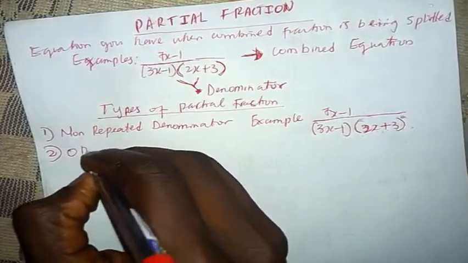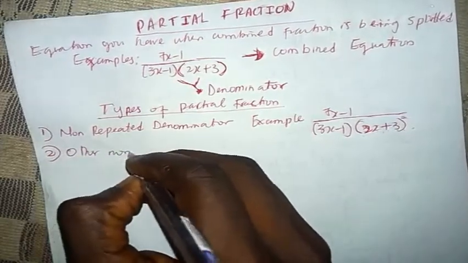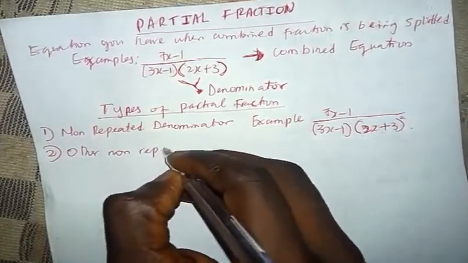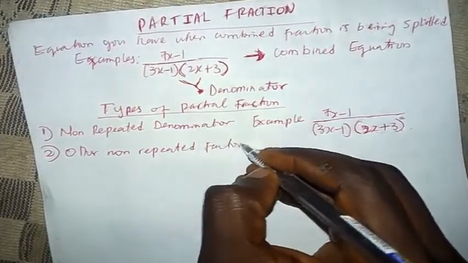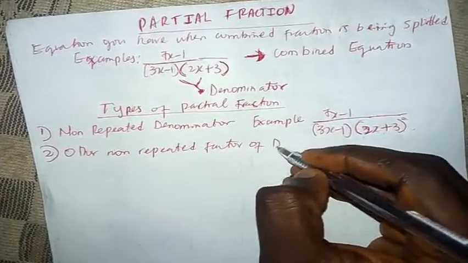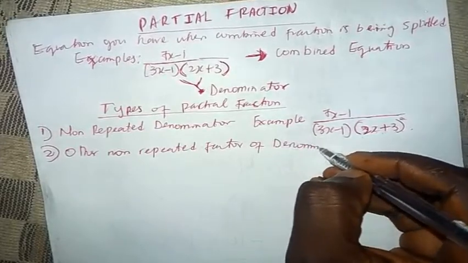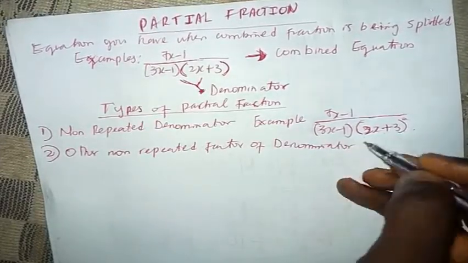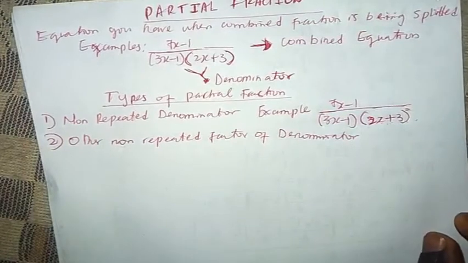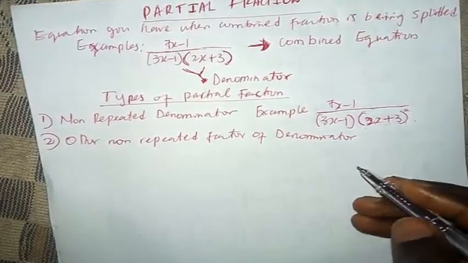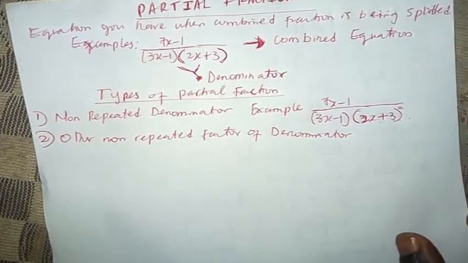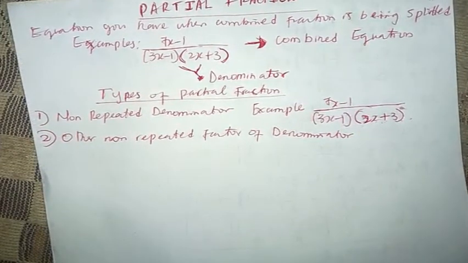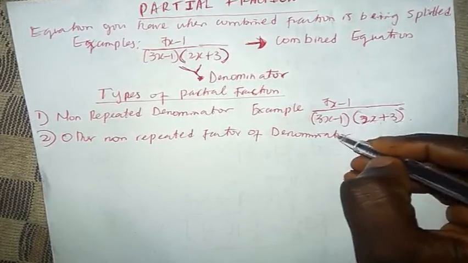The second one is the other non-repeated factor of denominator. That's number 2. It is still a non-repeated denominator, but it is one that cannot be solved with the quadratic formula.